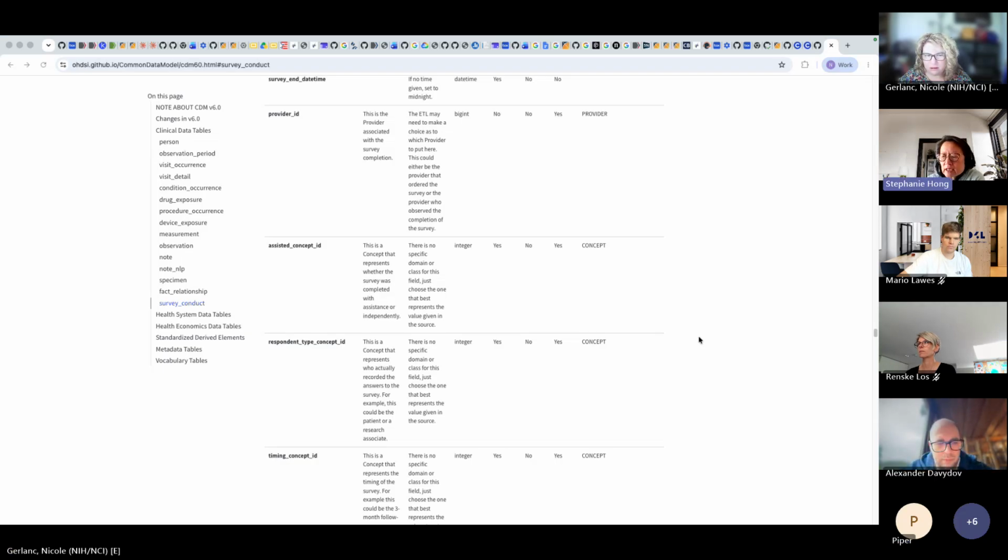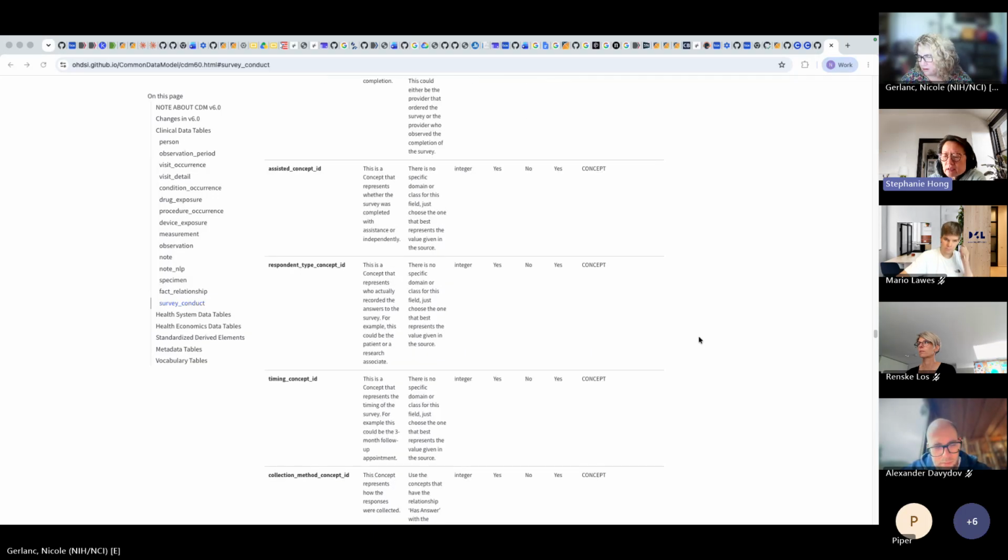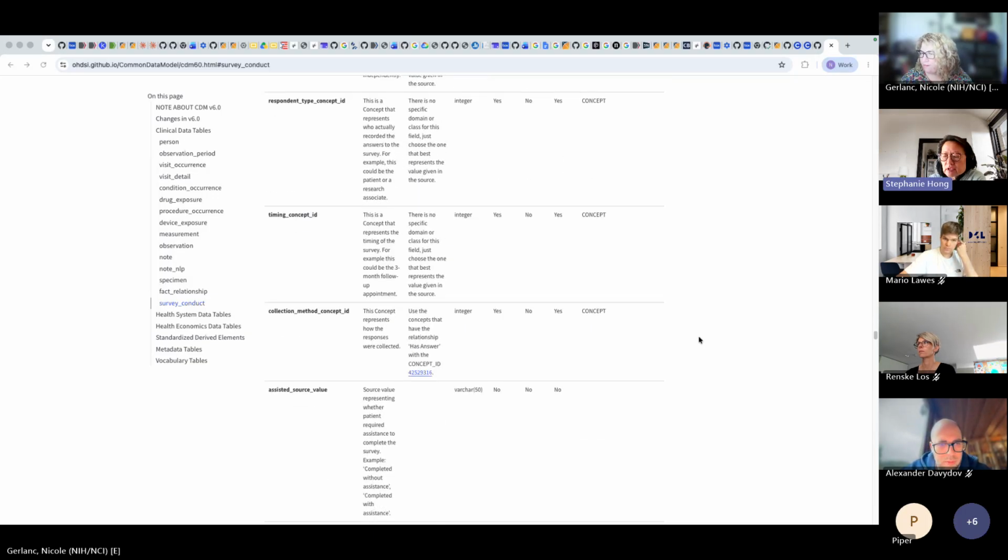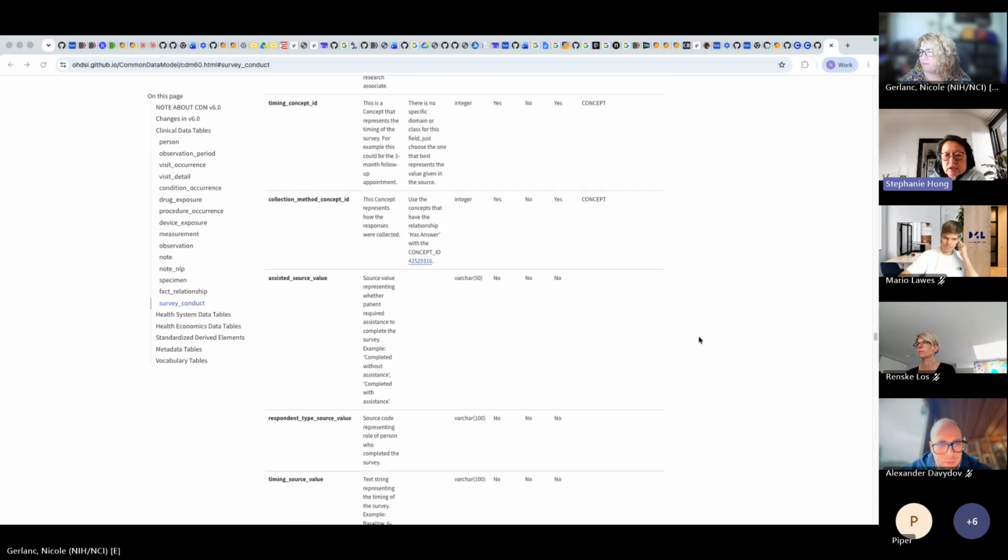Yeah, so collection method could be a participant coming into a clinic and answering these questions on a paper form or an online form that someone is helping to fill out. Or it could be just the online form that they get a link to at home and fill out.